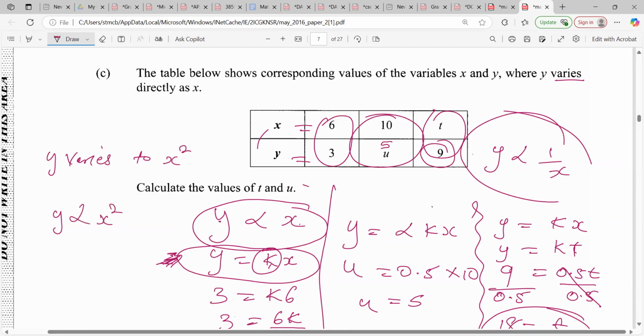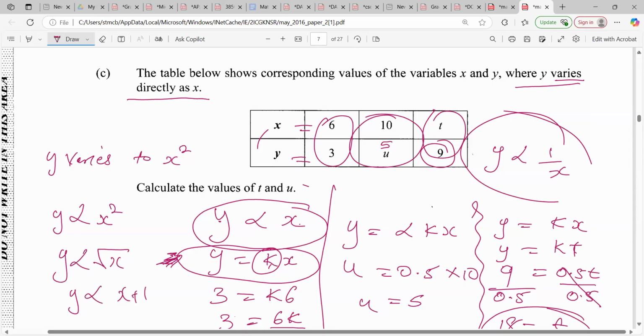So whatever they say it varies to, that's what you're going to do. Here they said directly to x alone. But you can have the square root of x: y varies to the square root of x. Or they can have a different form. I've seen it where y varies to x plus 1, and so on. So whatever they give you, you will do that, but you will search for some constant k.